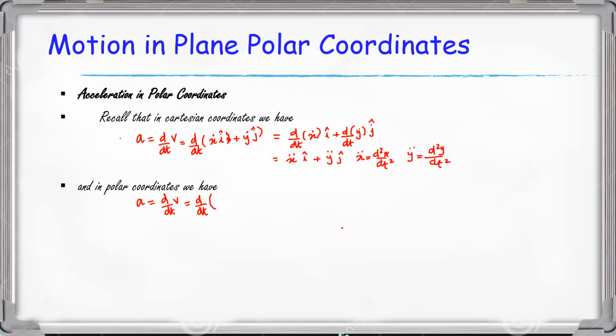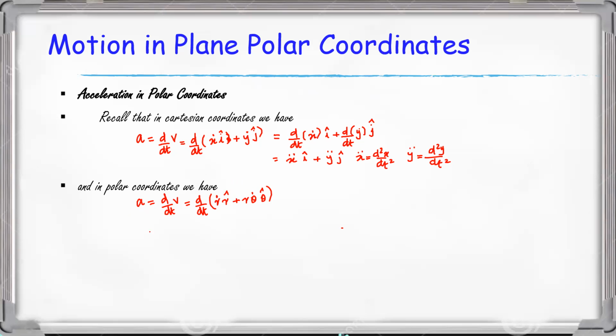In terms of polar coordinates, velocity can be written as r dot r cap plus r theta dot theta cap.